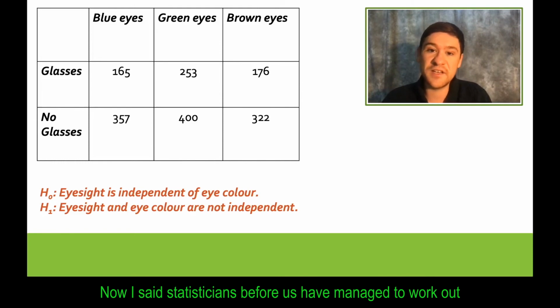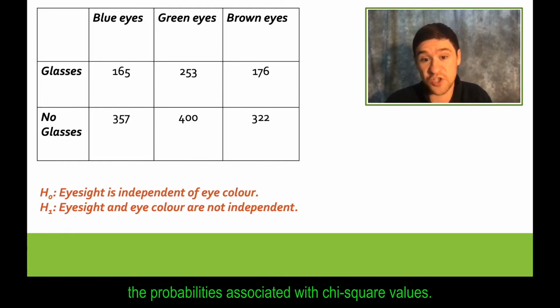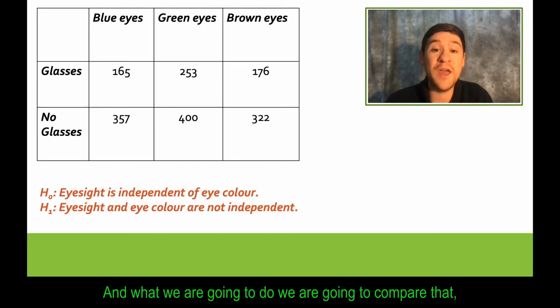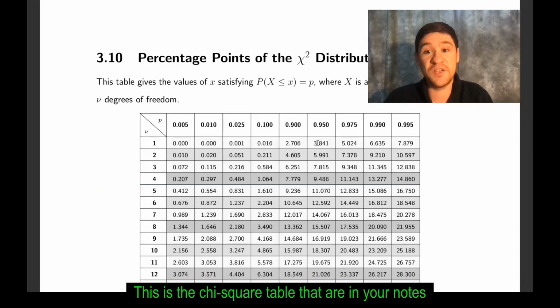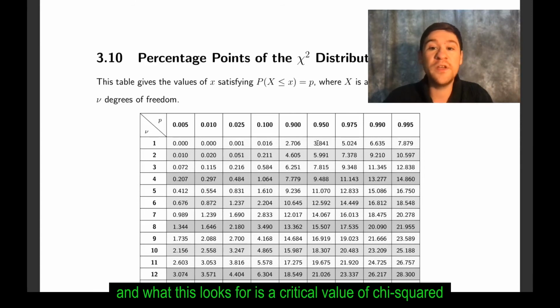Now, I said statisticians before us have managed to work out the probabilities associated with chi-squared values. And what we are going to do, like we did with the normal tables, is compare that to chi-squared tables. These are the chi-squared tables that are in your notes. And what this looks for is a critical value of chi-squared.